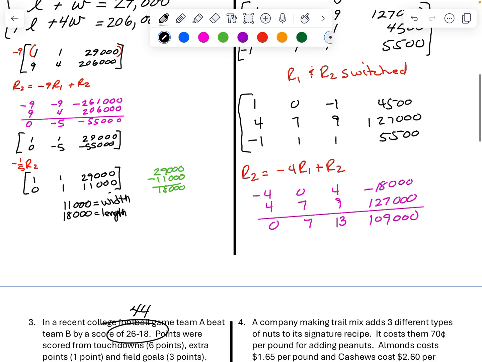So now my matrix says 1, 0, -1, 4,500, 0, 7, 13, 109,123, and -1, 1, 1, 5,500. Okay.